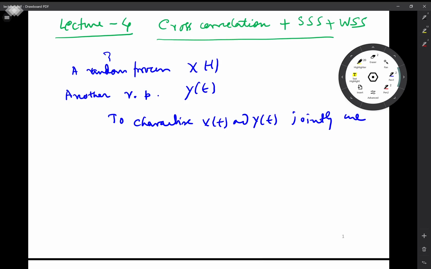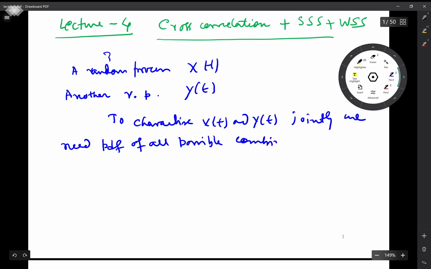we need the PDF of all possible combinations of samples from xt and yt.